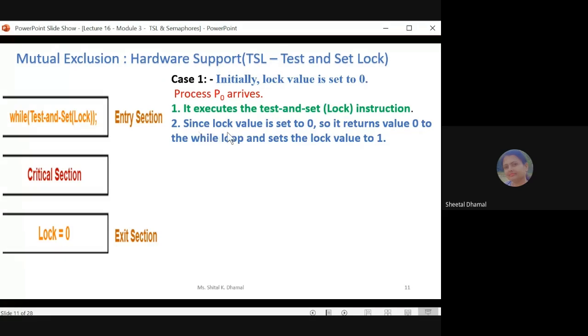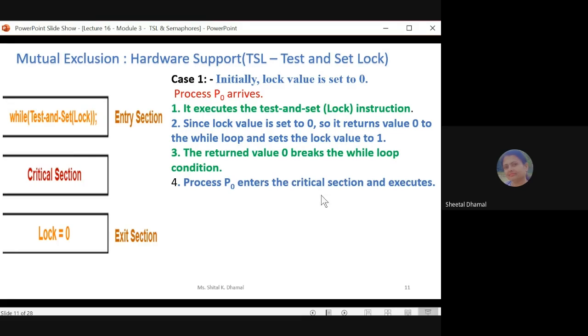So since the lock value is set to 0, it returns value 0 to the while loop and sets the lock value equal to 1. So it changed the value of the lock. And then when it returned the value 0 to the while loop, your TSL algorithm breaks the while loop condition, and then process P0 enters the critical section and executes.